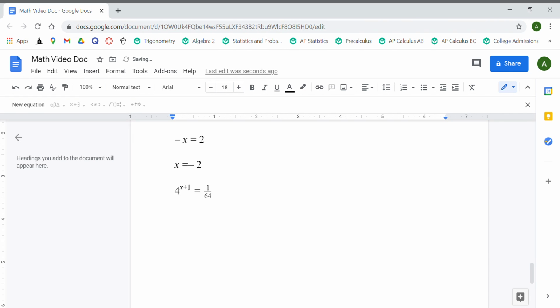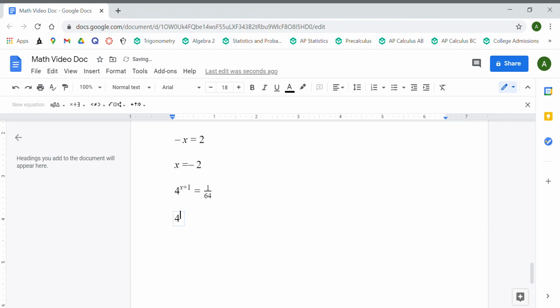So we have 4 as the base and x plus 1 as our exponent on the left side. And then on the right side we have 1/64. Now, we can already tell that this is going to be a negative exponent because it's 1 over a number. Now, 4 to the power of what equals 64? If you answered 3, then you are correct.